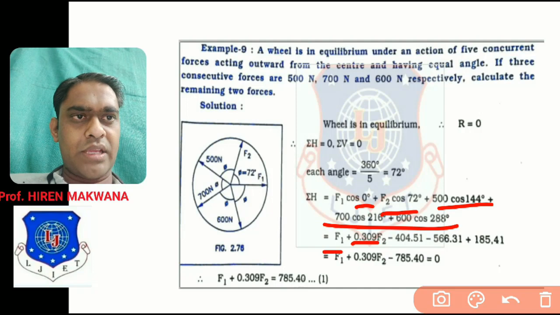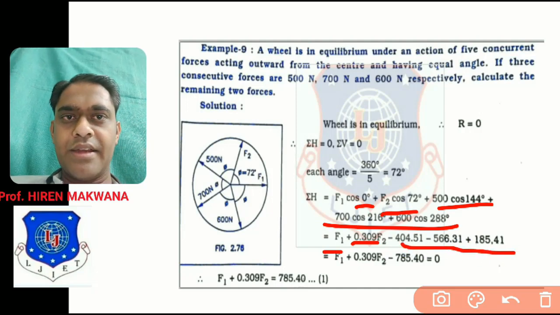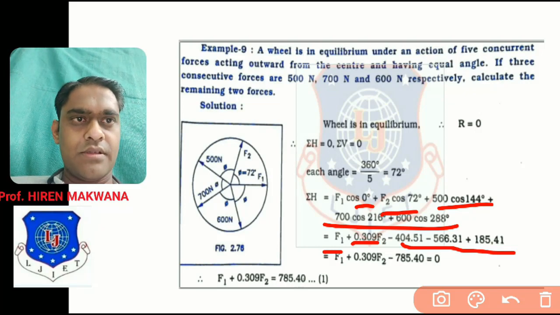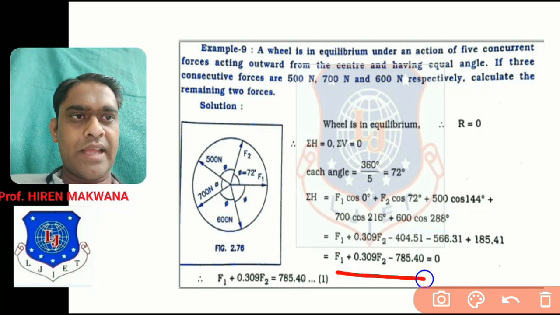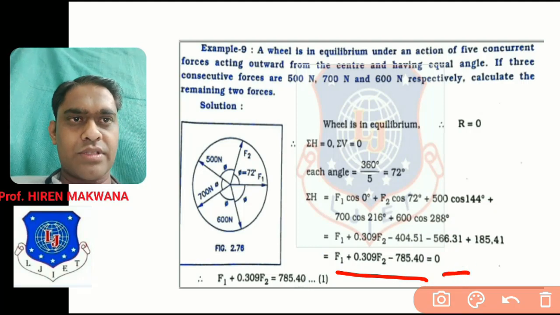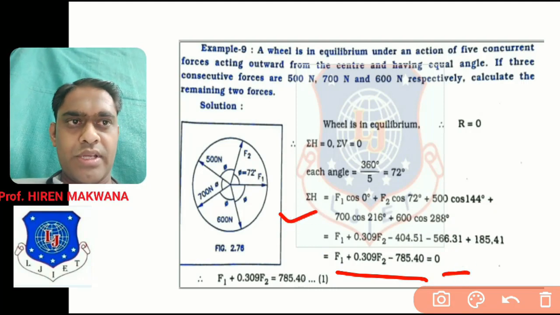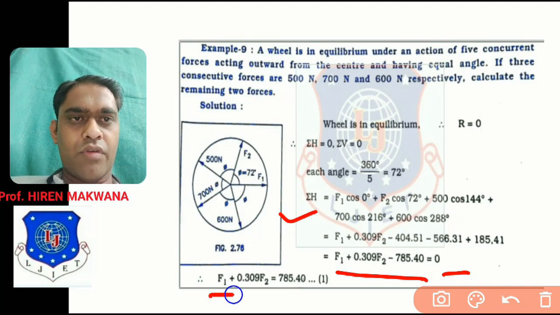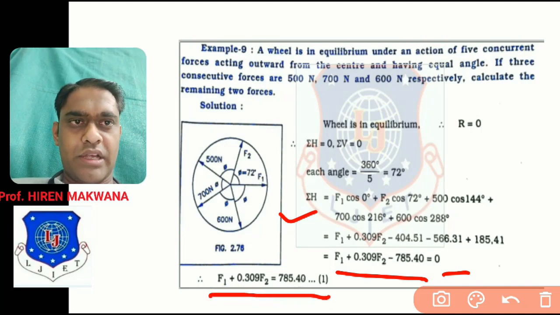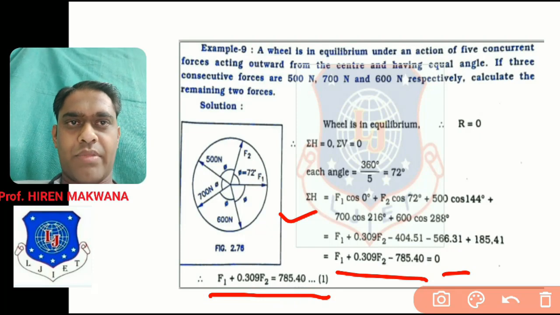The remaining values can be found from the calculator, and plus or minus signs are available in the calculator. You can check in your calculators. So the final equation will be like this, and it is equal to 0 because sigma H is equal to 0. It is an equation in two unknowns, F1 and F2. This is equation number 1.